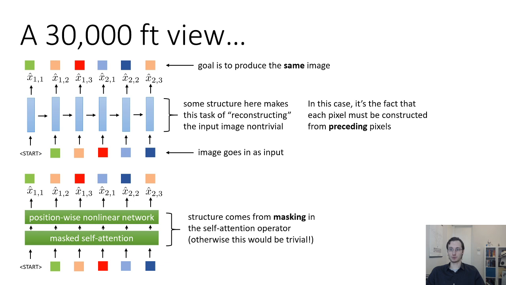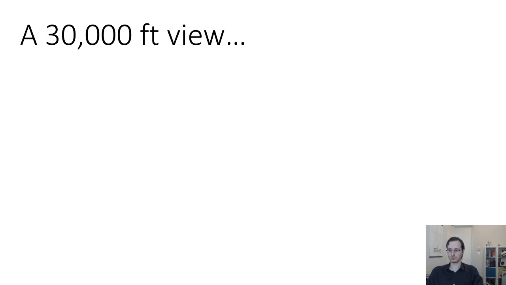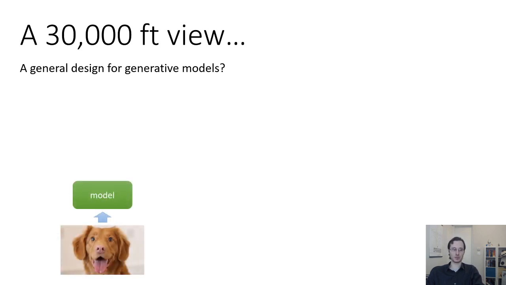So 30,000-foot view, the input is the image, the output is the same image, and there's some structure in the middle, and that structure makes the problem of mapping the image to itself non-trivial, which forces the model to learn meaningful representations. So you can think of this as a general design for generative models, or more broadly for models that can be used for unsupervised learning. You have some input, which could be an image, a natural language sentence, a vector, whatever you have.